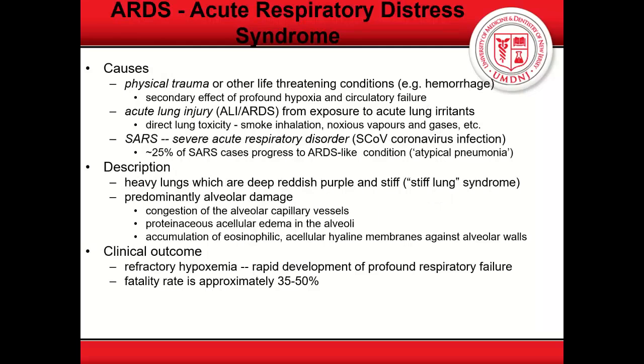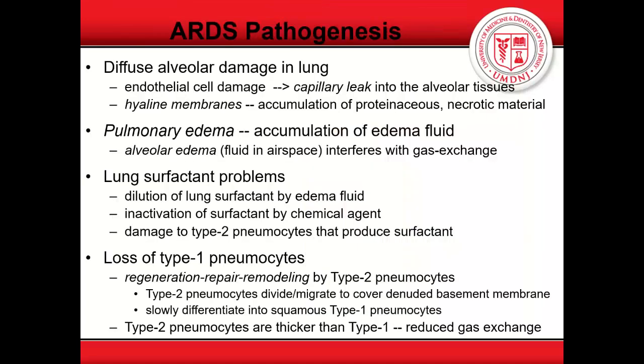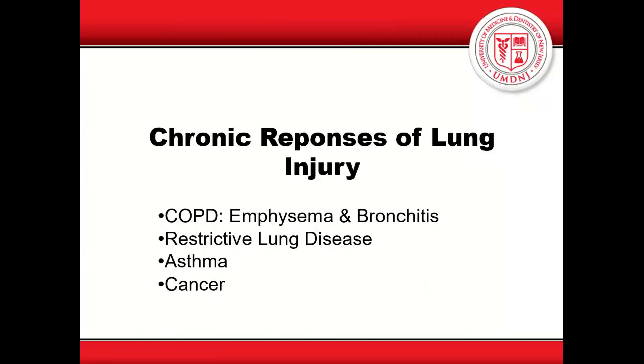So it could be through physical trauma, or it could be due to an infection, or it could be due to exposure to a lung irritant, and the clinical outcome of that. The pathogenesis of acute injury, and again, you have alveolar damage, pulmonary edema, lung surfactant problems, and this loss of type 1 pneumocytes that results in alveolar thickening, which would reduce the gas exchange.